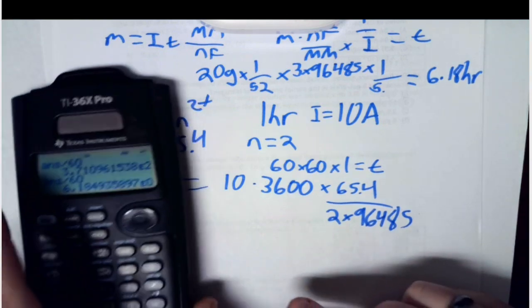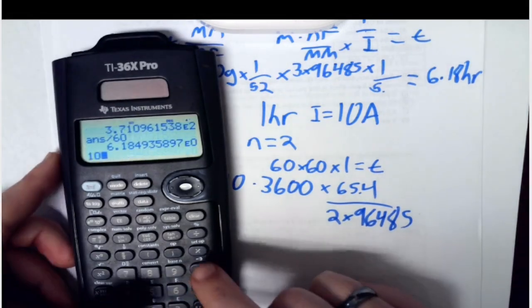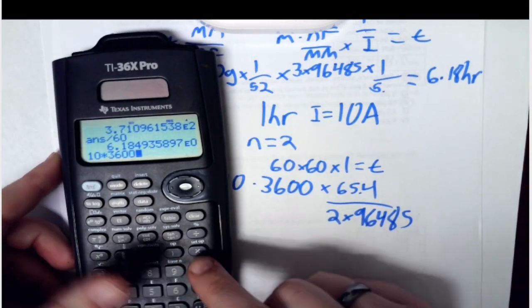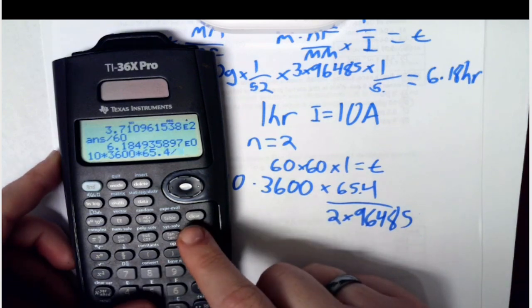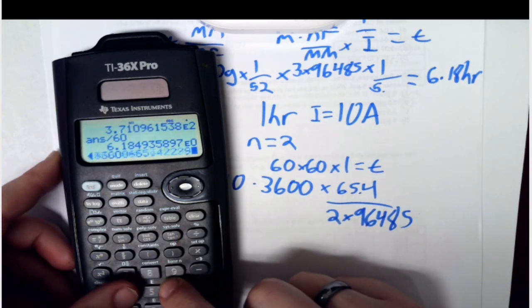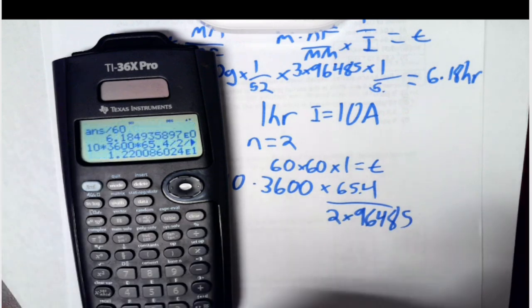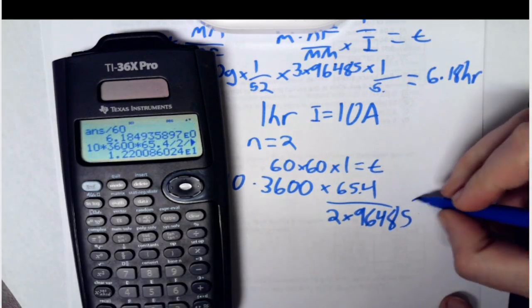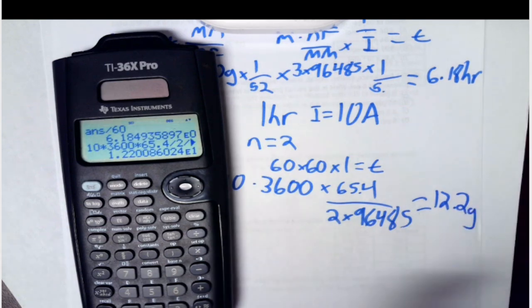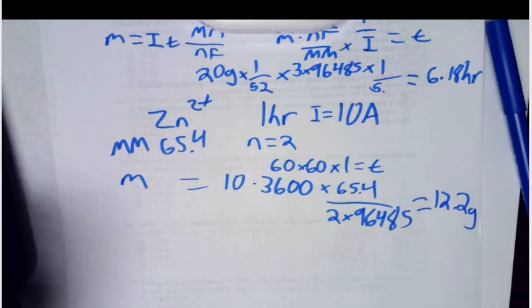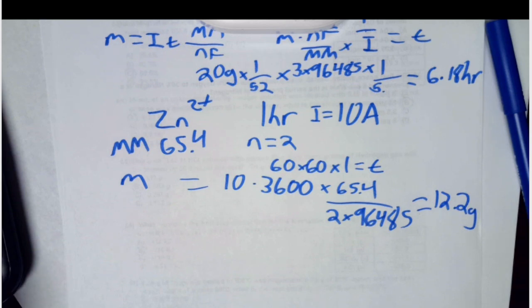So how much could be delivered? 10 times 3600 times 65.4 divided by 2 divided by 96485. It would deliver something like 12.2 grams. Not a whole lot, but I mean, 12.2 grams is nothing to really scoff about.